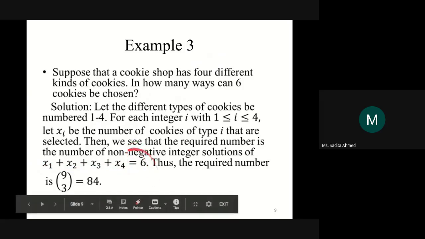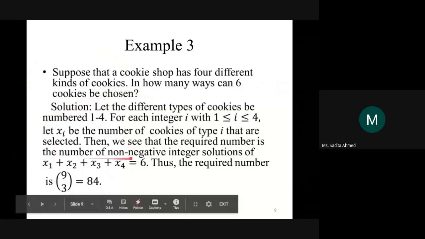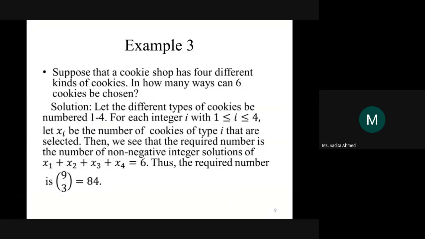And the total number of cookies that you can choose is 6. So this equation represents this scenario. Does that make sense? Choosing 6 cookies from 4 different categories, we can represent it using this equation. Do you see the association? Does it make sense? Yes, miss.